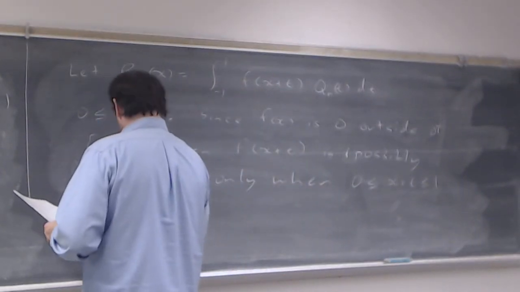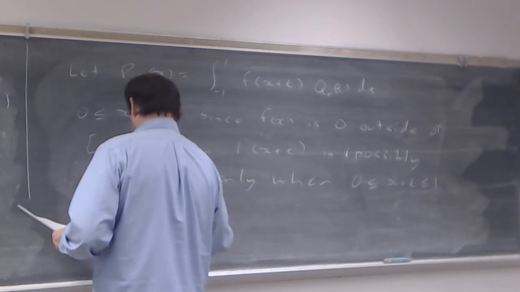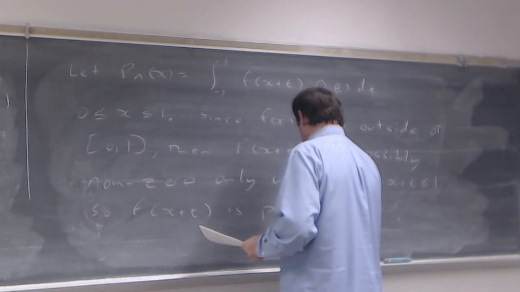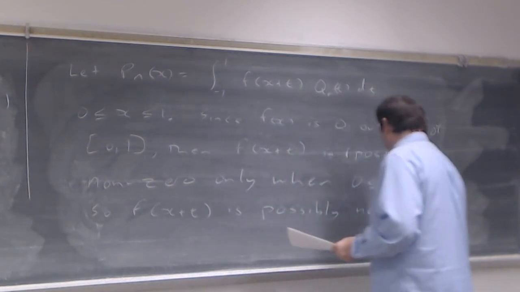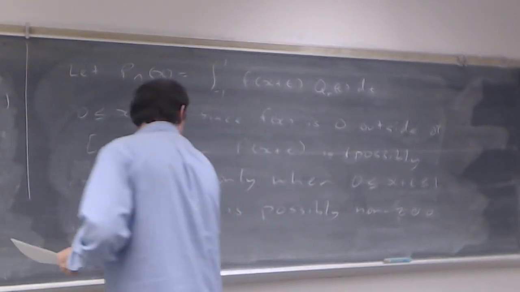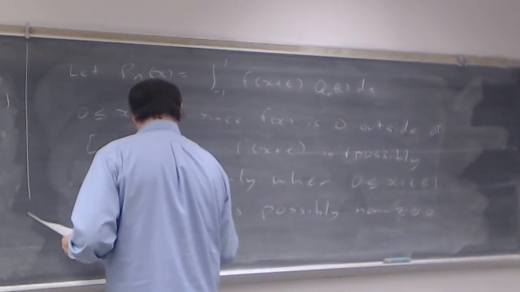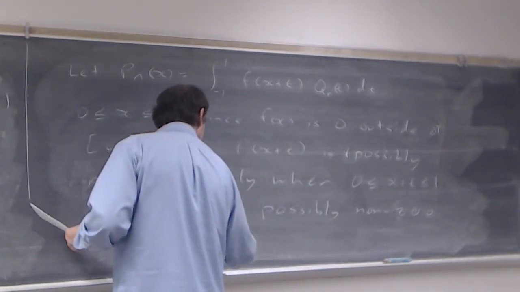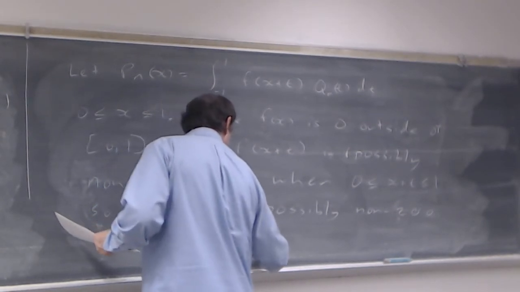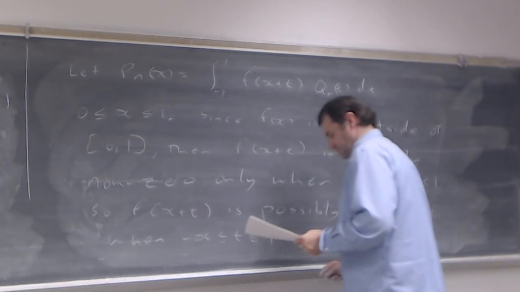So here, f of x plus t is possibly non-zero when minus x is less than or equal to t, which is less than or equal to 1 minus x.